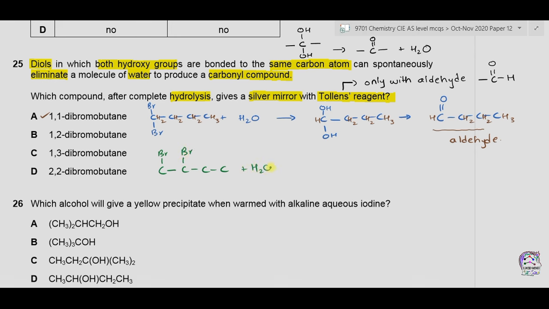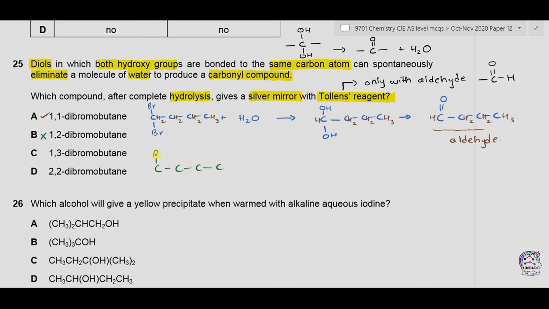So we have 1 bromine atom on first carbon and 1 bromine atom on second carbon. Upon hydrolysis, it will lead to the formation of diol, in which OH group is attached instead of bromine. As we can see that OH group is attached to 2 different carbon atoms, elimination of water molecule will not occur. So B is incorrect. For C, we have 1,3-dibromobutane.